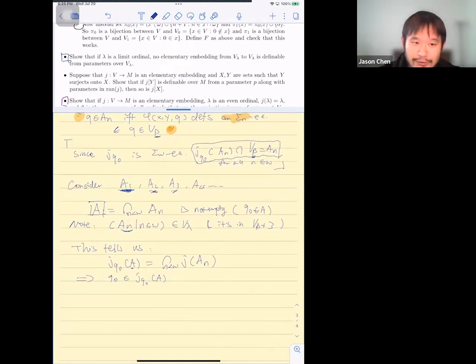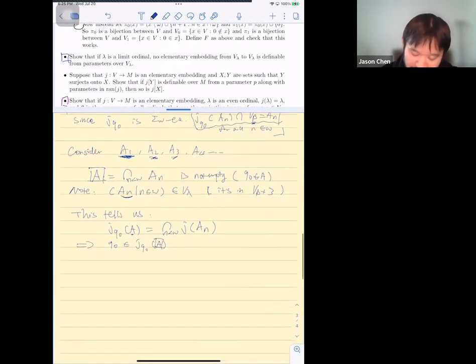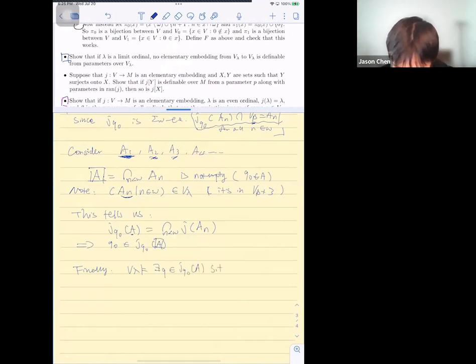So now that we have this property A, we could carry out the reflection argument at the beginning that we wanted to do. So finally, V lambda thinks that there exists some Q in JQ0 of A such that the critical point of JQ is below J of kappa 0.